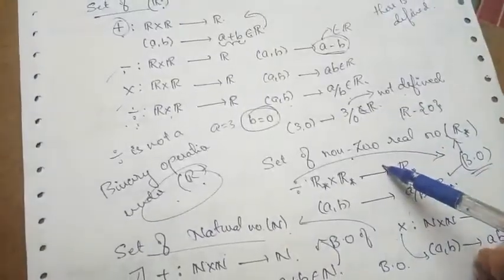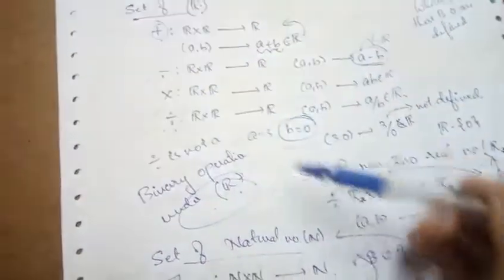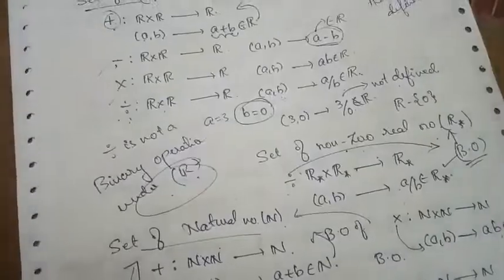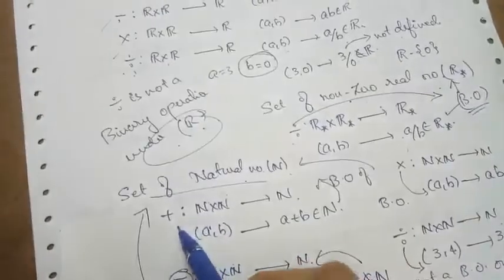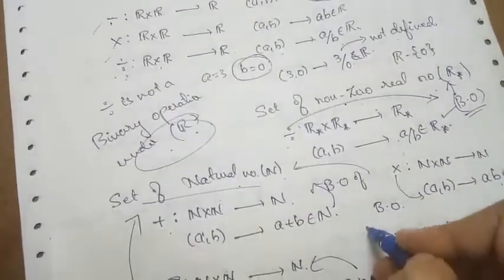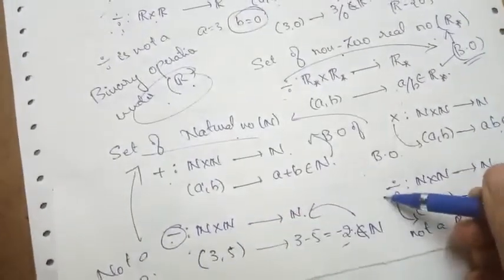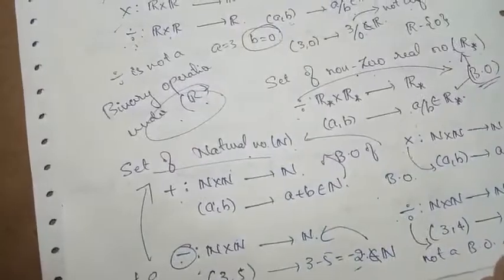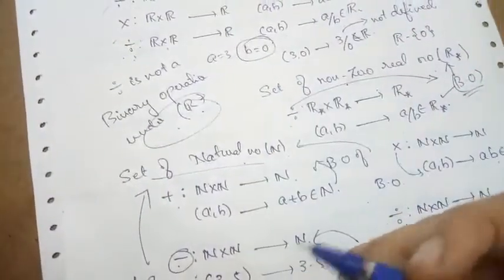When I take the set of non-zero real numbers, including these three, even division is a binary operation on the set of non-zero real numbers. When I say the set of natural numbers, only addition and multiplication are binary operations, but subtraction and division are not. So this is how things are to be understood.